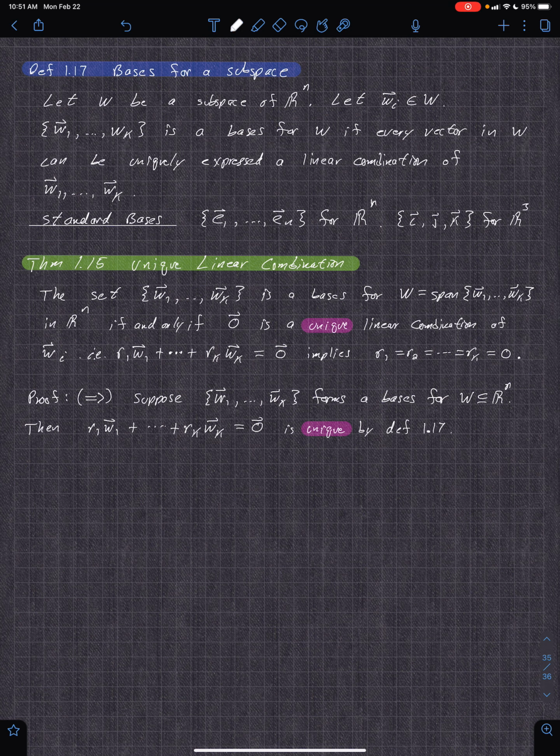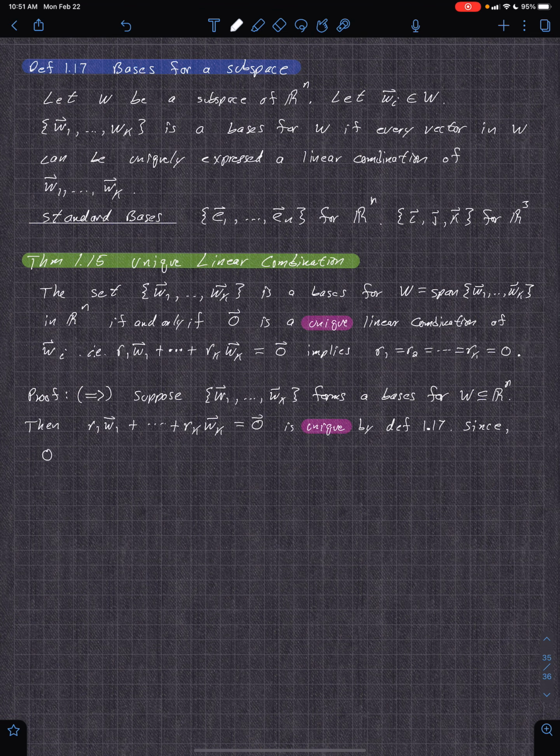Since you just put in 0 for each of those r's, 0 times w1 plus all the way through 0 times wk equals the 0 vector.